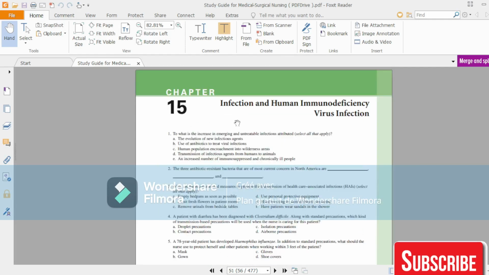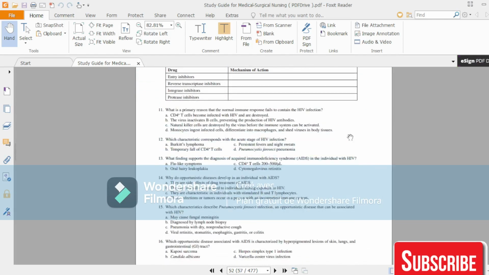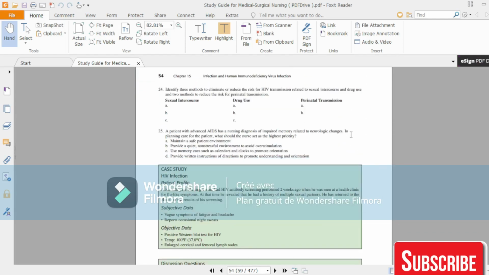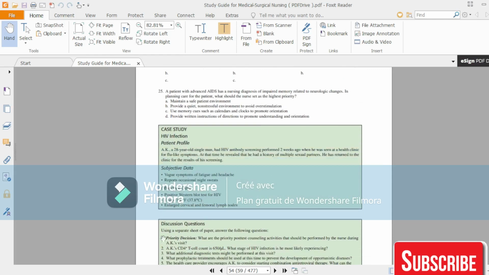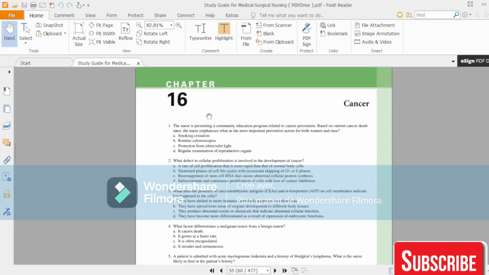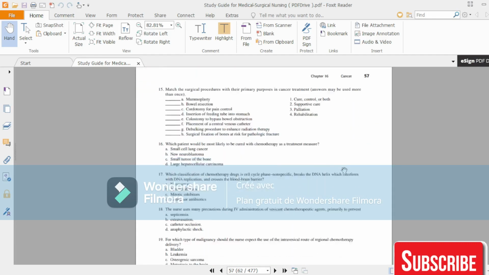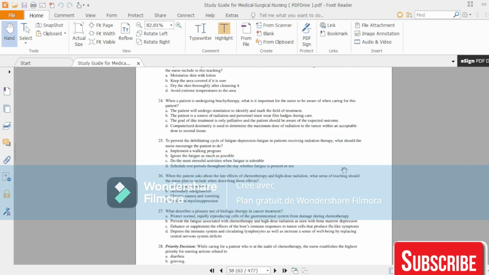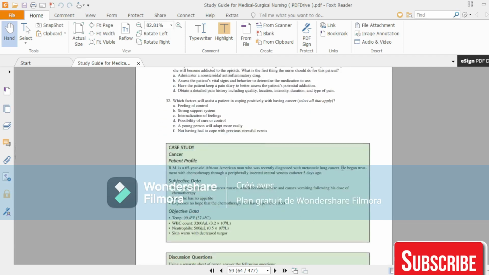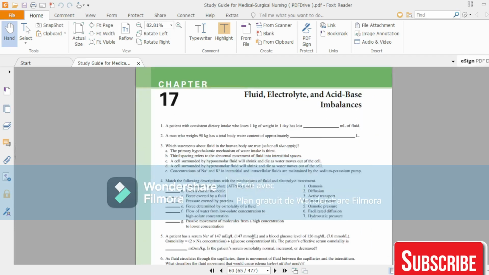Chapter number 15, infection and human immunodeficiency virus infection, as you can see here. Also at the end the case study and the discussion questions, as you can see. Chapter number 16, cancer, as you can see here, with the case study also and the discussion question at the end.